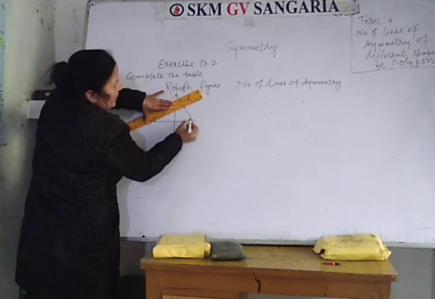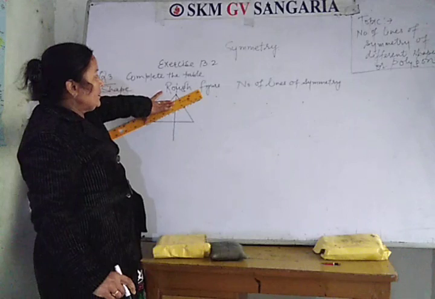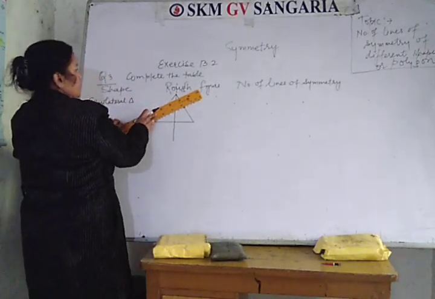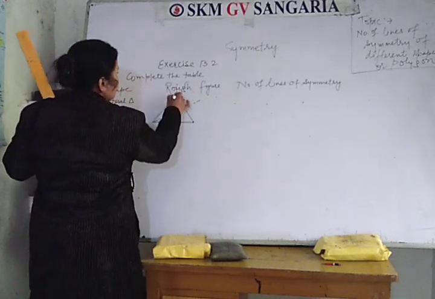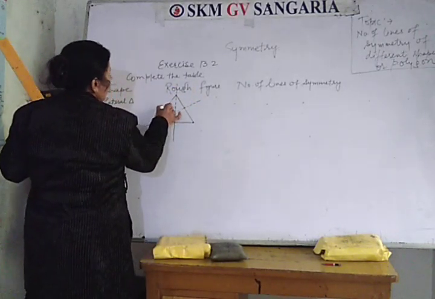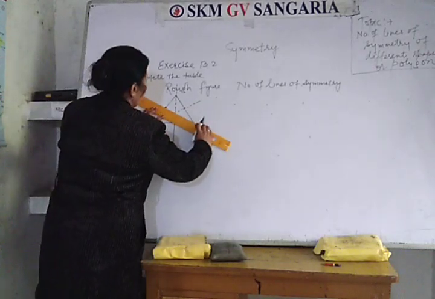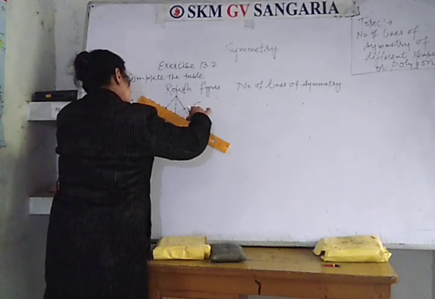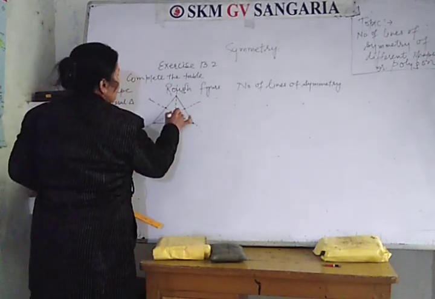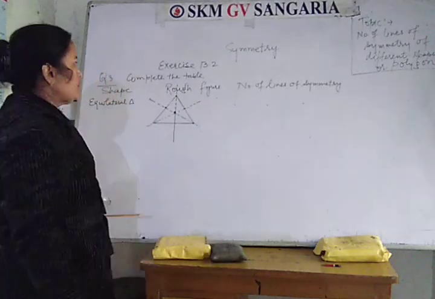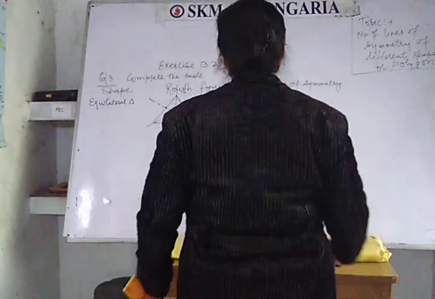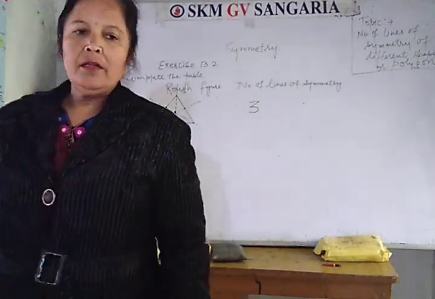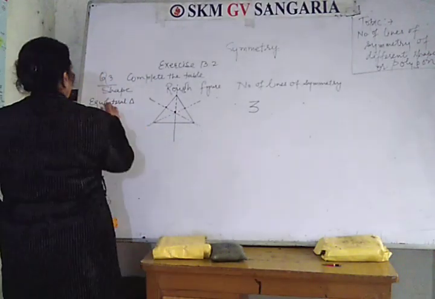Try to take the midpoint of the opposite side to the vertex. Taking this as vertex and this is opposite side, take its midpoint and then join. So an equilateral triangle will have how many lines of symmetry? It will have 3 lines of symmetry.